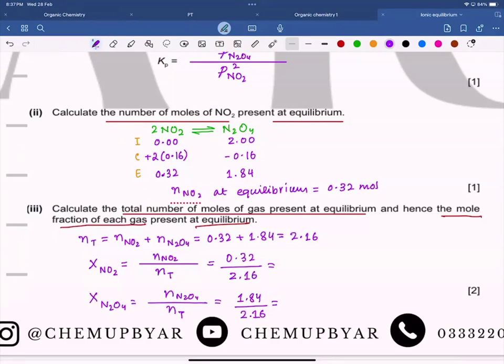Sir, the first one is 0.148. 0.148, and it's a mole fraction, so a fraction has no units. And the second one? Sir, it's 0.851 for the mole fraction of N2O4.